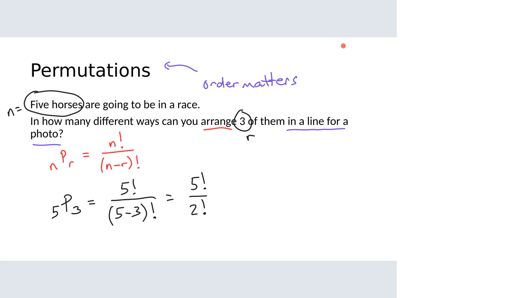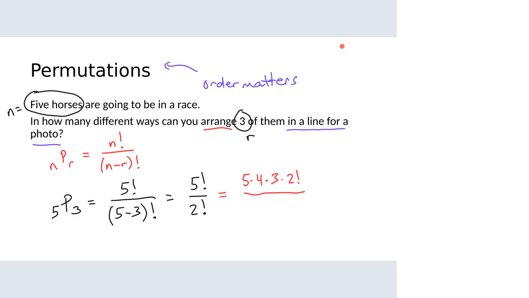And I'm going to go one step beyond that in just a minute, I promise. I'm going to rewrite 5 factorial as 5 times 4 times 3 times 2 times 1. And on the bottom, I have this 2 factorial that I could write as 2 times 1, but hang on a minute. When I rewrite this as 5, 4, 3, 2, 1, just this part, 2 times 1, I could rewrite that as 2 factorial.